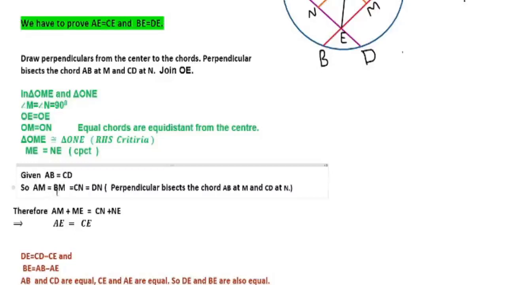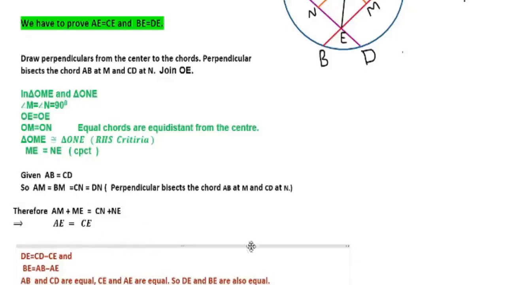Now we can add: AM equal to CN, and we add ME on the left side and NE on the right side. So AM plus ME, which is AE, equals CN plus NE, which is CE. So the first part is proved: AE equal to CE. These two corresponding segments of the chords are equal.